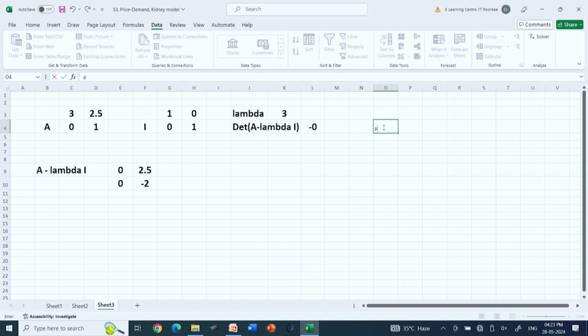It was: P(n+1) equals P(n) plus a1 d(n) minus b1 P(n) squared, plus h1.